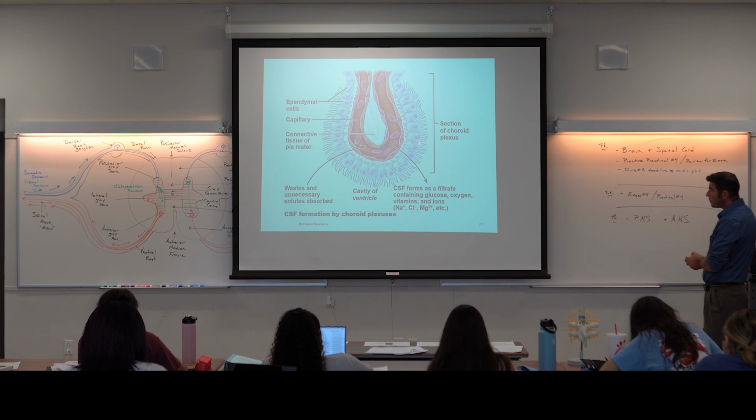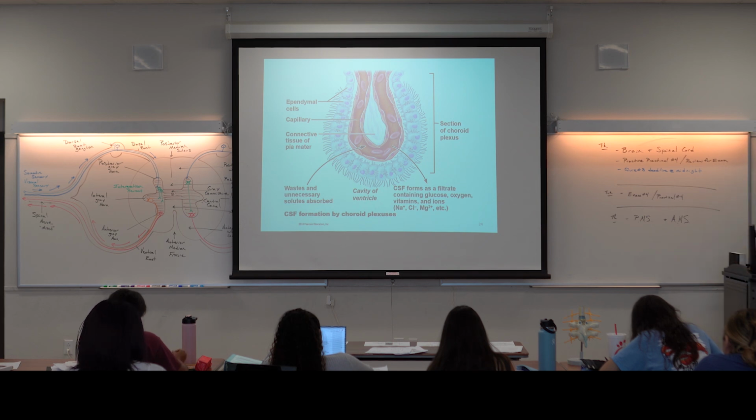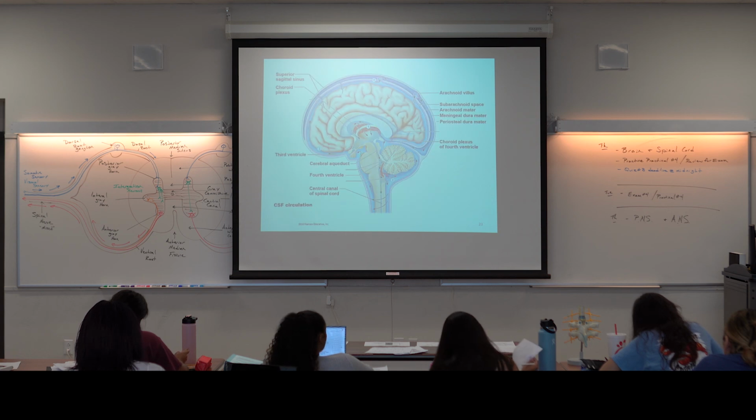But what they are responsible for is circulating that cerebral spinal fluid with those cilia. They beat in a uniform fashion. They cause this current that allows the cerebral spinal fluid to move in the direction that you see these arrows flowing, from lateral ventricles to the third ventricle, through that cerebral aqueduct down into the fourth ventricle, and from there either into the subarachnoid spaces or into the central canal.